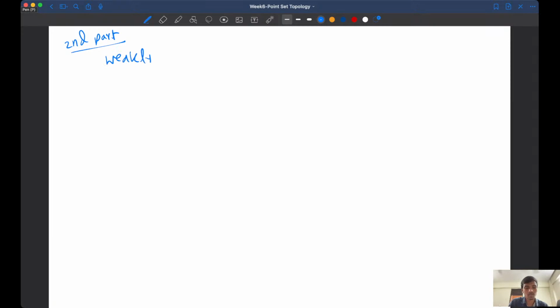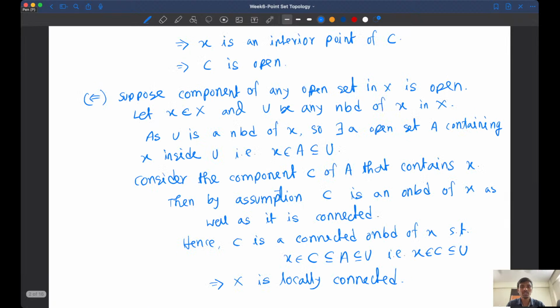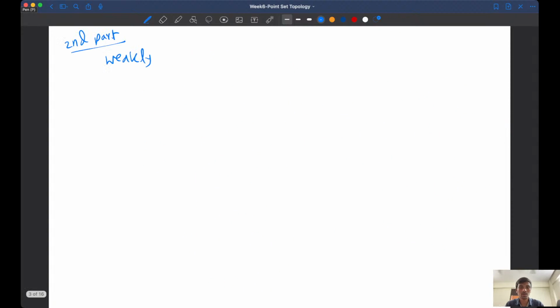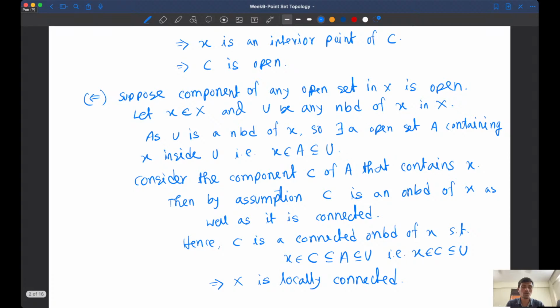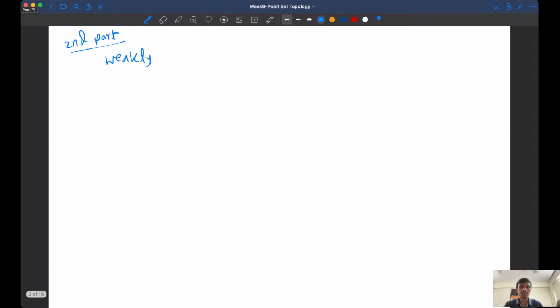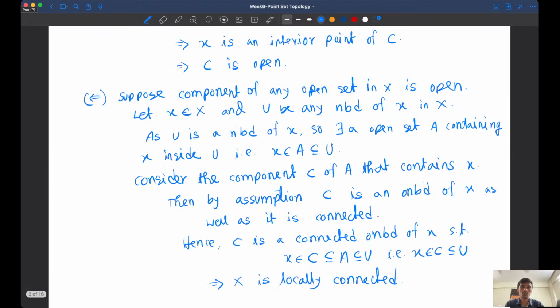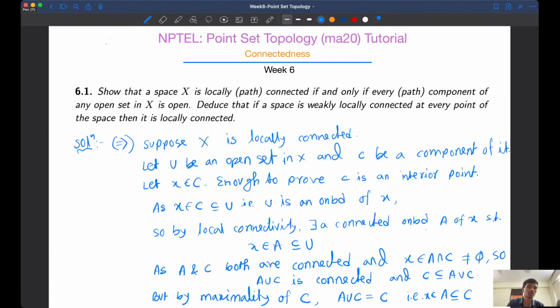Weakly locally connected. In local connectivity, we need the open connected neighborhood, but in weakly locally connected we don't need the openness, just a connected neighborhood is enough. And as it turns out, weakly locally connected and locally connected are both the same.